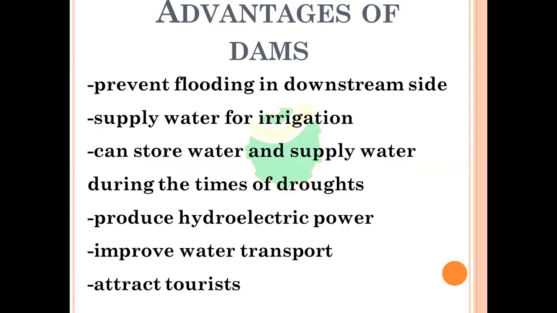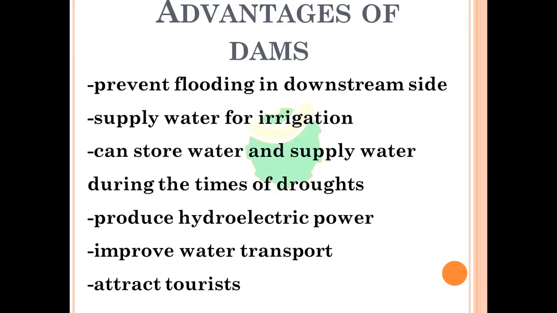So many villages are submerged due to heavy rainfall and heavy floods. To avoid floods in villages, a dam is constructed. That's why dams are also called flood control structures.